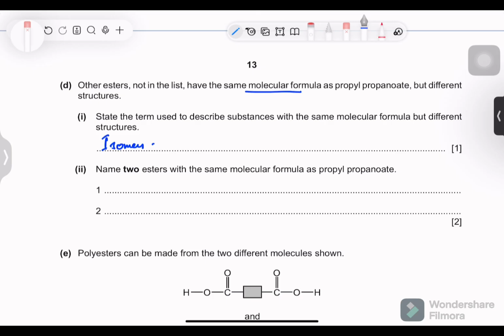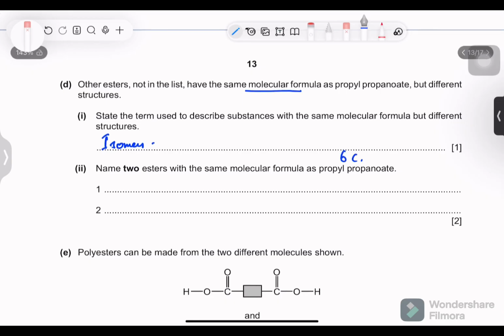Name two esters with the same molecular formula as propyl propanoate. This basically means they should have the same number of carbon, hydrogen, and oxygens. The number of oxygen will always be two in any basic ester at your level. So we need to have seven carbon atoms, three from here, three from here, so six carbon atoms. If we use an alcohol having two carbons and an acid having four carbons, we can fulfill the requirement of six carbon atoms.